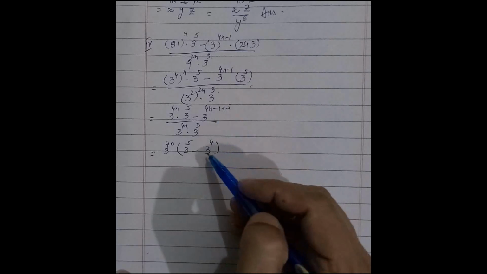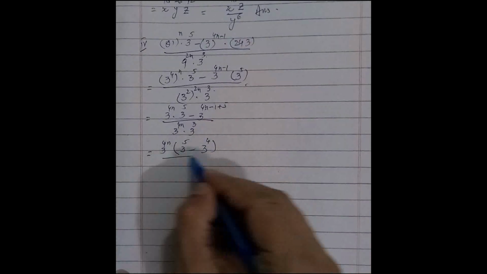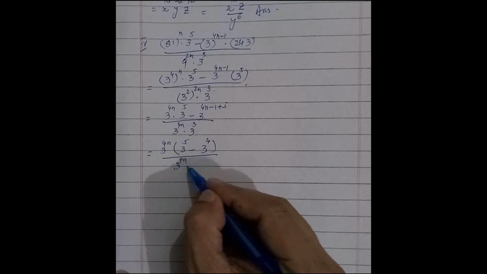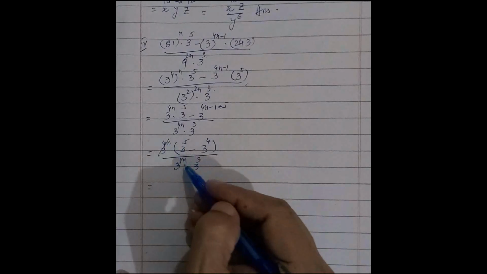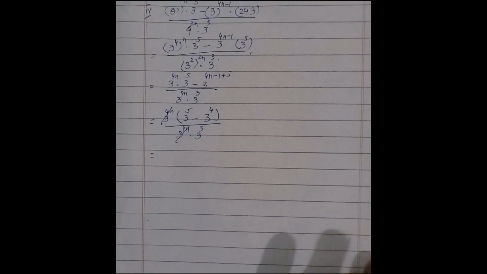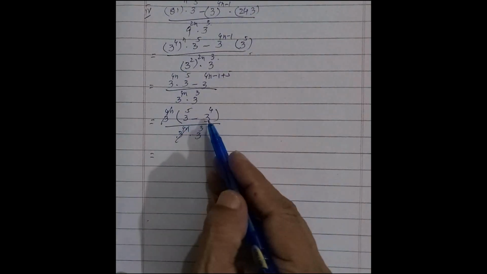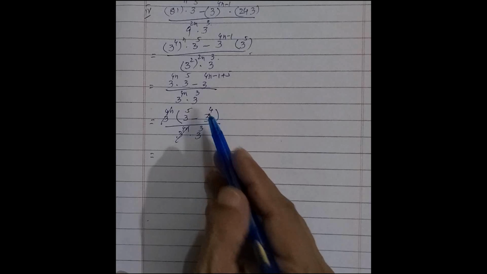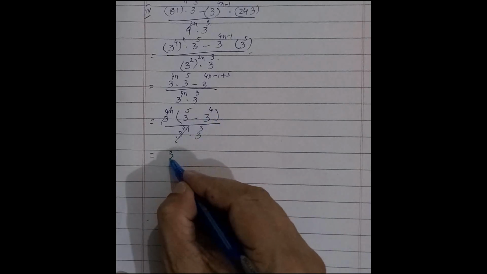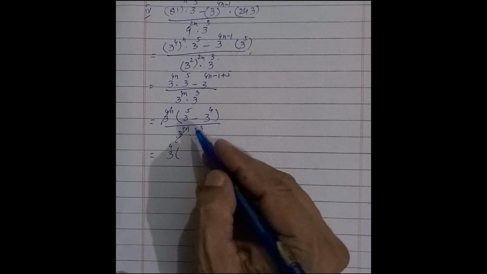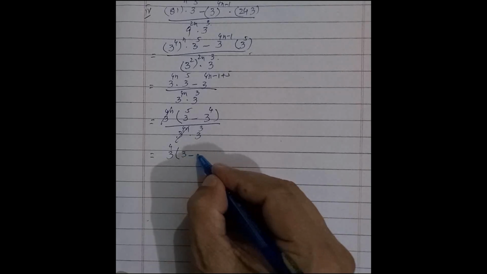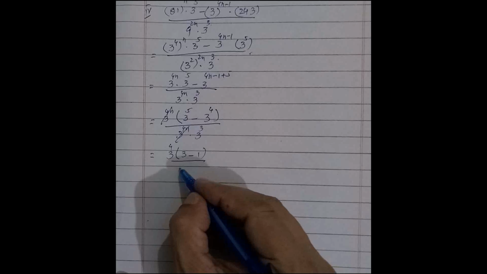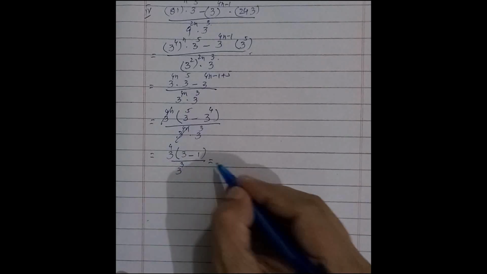When it is simplified, we get 3's power 4 over 3's power 4n into 3's power 3. 3's power 4n cancels 3's power 4n, and in the denominator, 3's power 5 minus 3's power 4, we take common 3's power 4, and the remaining value is 3 minus 1 over 3's power 3.